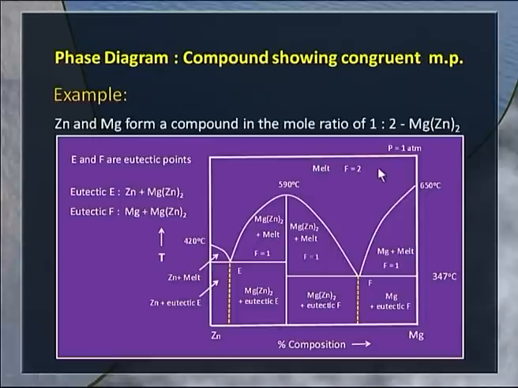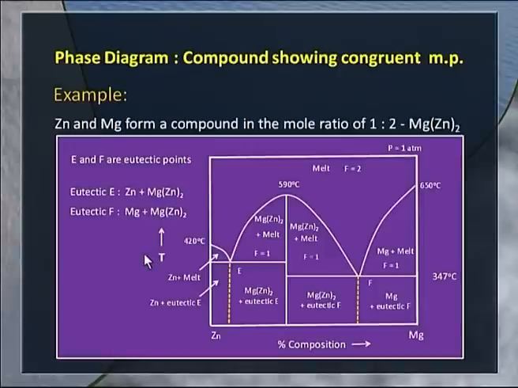In the region in which the melt is stable, where the two components, in this case magnesium and zinc, are completely miscible, is a bivariant system with F is equal to 2. And within these regions where melt and the solids are in equilibrium, we have F is equal to 1, that means systems are univariant. Since there are two eutectic solids formed, one eutectic is between magnesium and the compound, the other eutectic is between the compound and zinc.